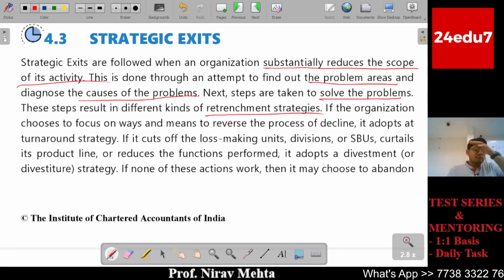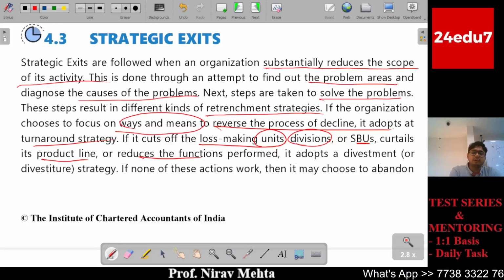If the organization chooses to focus on ways and means to reverse the process of decline, it adopts turnaround. If it cuts off a loss-making unit, division, SBU, that will come ahead. Curtail means cut down the product or reduce the function.